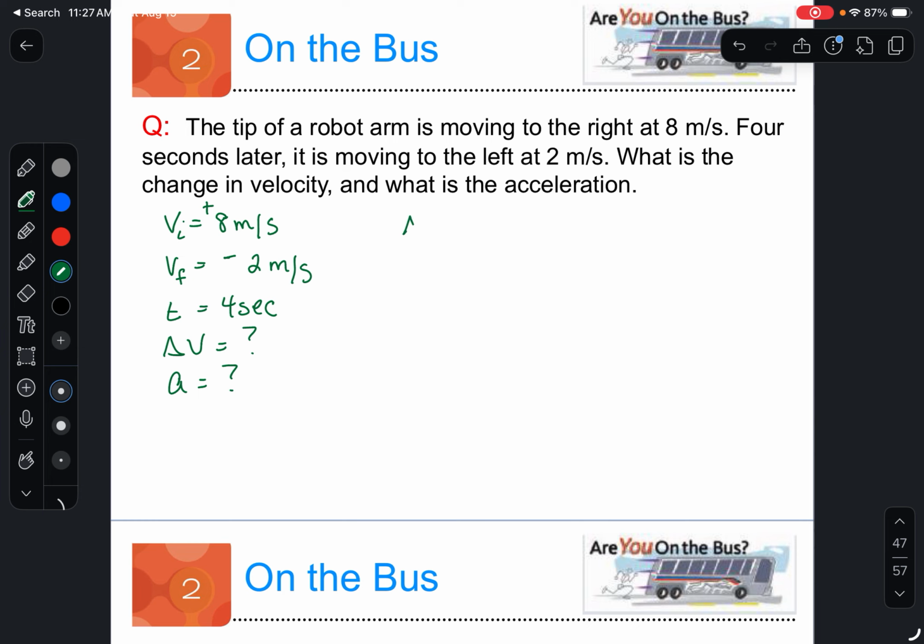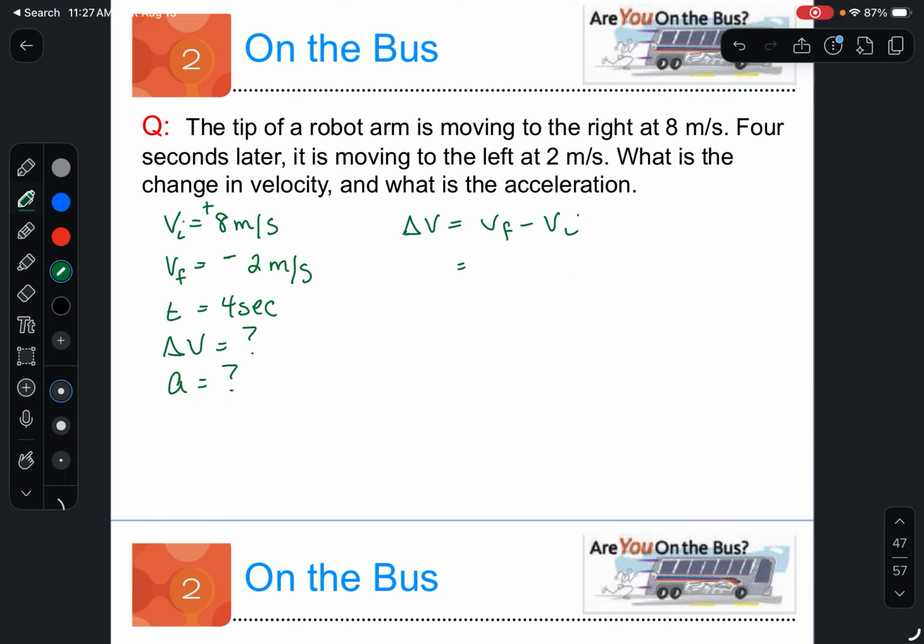Well, we know that the change in velocity is the final velocity minus the initial velocity. So our final is a positive 8 meters per second, and our initial velocity, oops, I got that backwards.